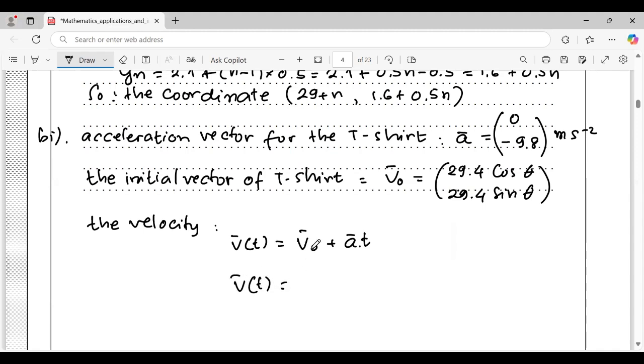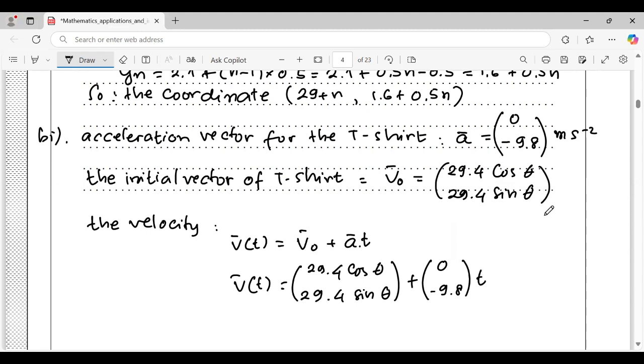It becomes V0, 29.4 cosine theta and 29.4 sine theta, plus A, 0 and minus 9.8, times t.